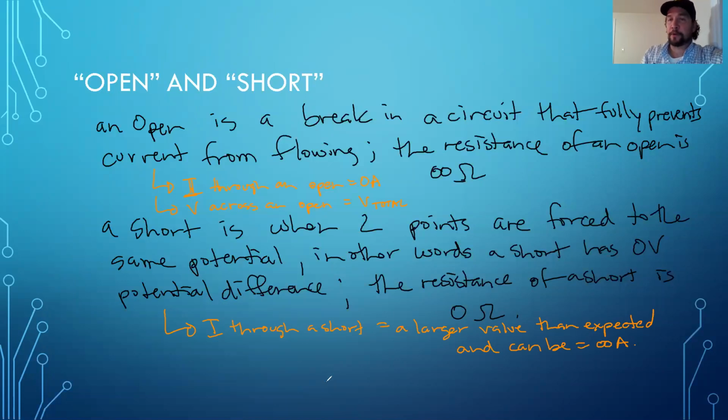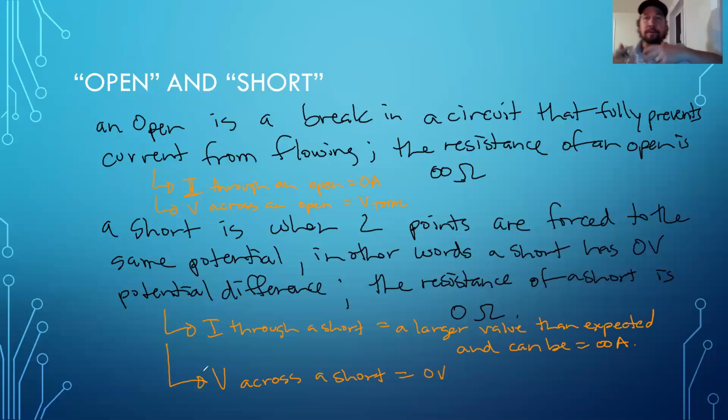You would burn your cable or your wire or whatever. And so this is a possibility depending on how the short happens. The V across a short, and I've already mentioned that, equals 0 volts, right? So they're really the opposite of each other, right? And I also mentioned the resistance of an open is infinite resistance, and the resistance of a short is 0 ohms.